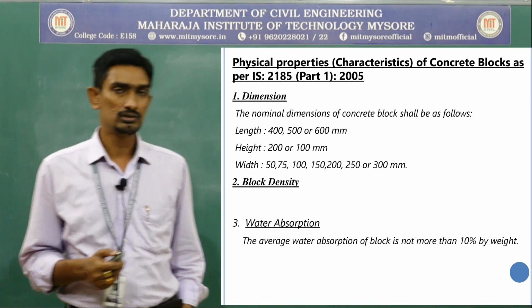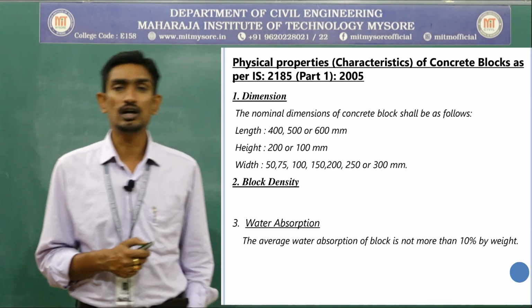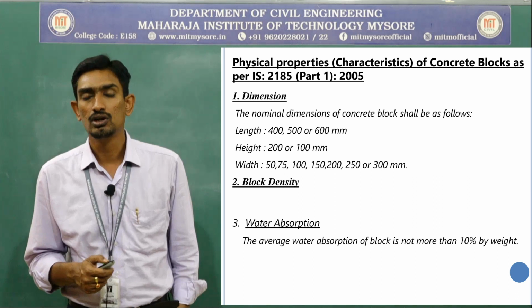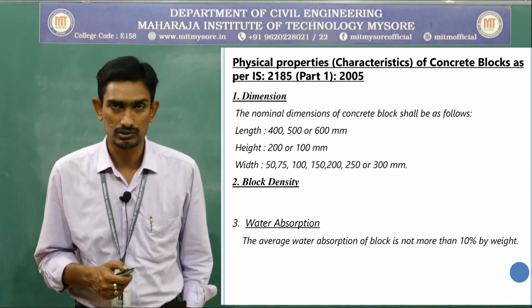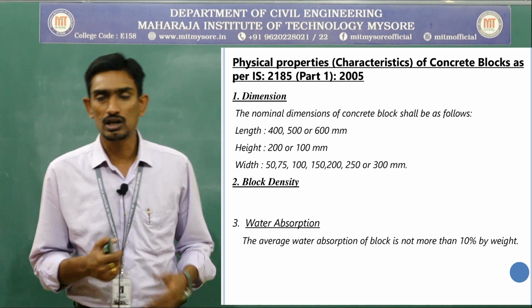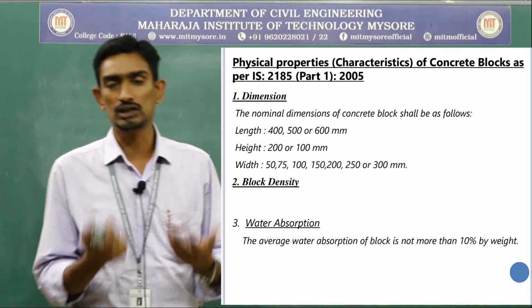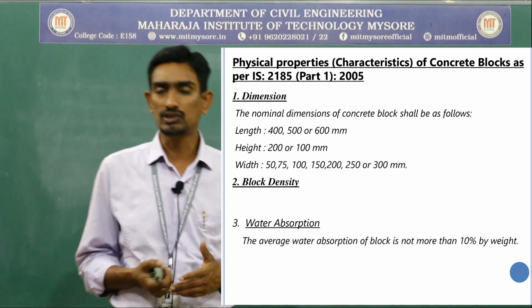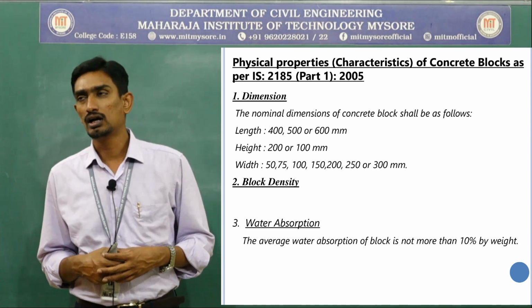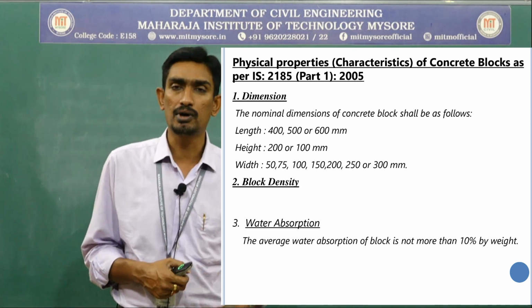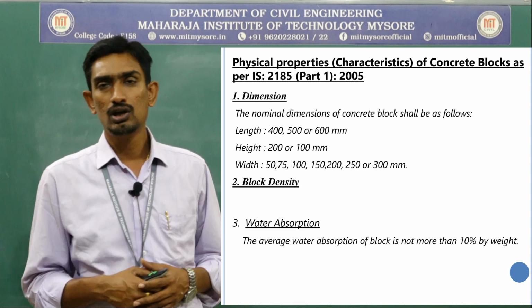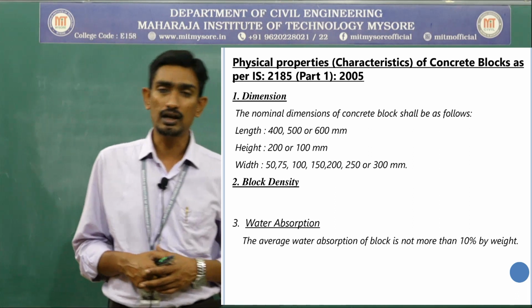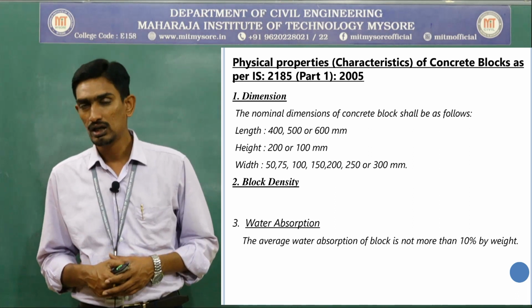Coming to the next, the physical properties or characteristics the concrete block should possess. In the last session, we discussed the characteristics, requirements or properties that burnt clay bricks, hollow clay blocks, laterite blocks or stone should possess.